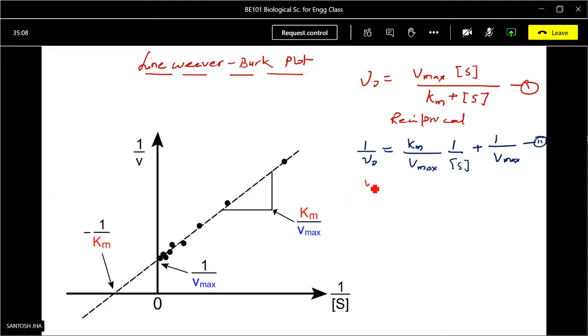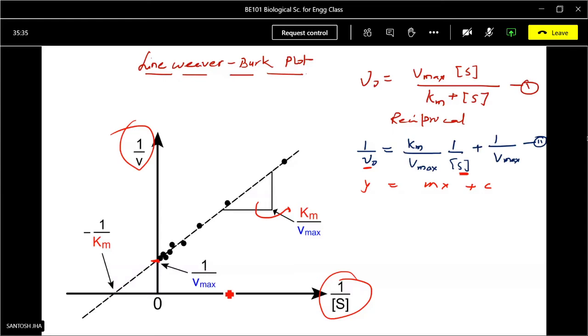This is nothing but the linear equation for a straight line. If we plot this x value, 1 by S, and this y value, then we have a linear graph, and Km by Vmax is the slope of the plot, and 1 by Vmax is the intercept on the y-axis.